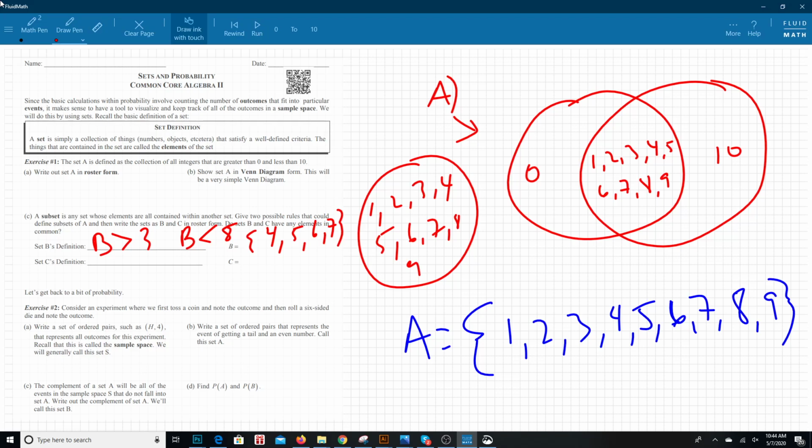And we can define another set, C, where we can say C is less than 3 but greater than 1. In that case, we would just have 2 as being in our subset. That's clear?